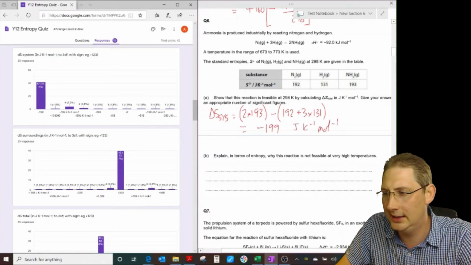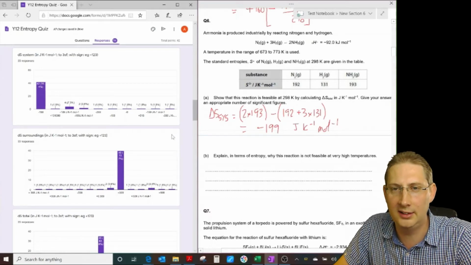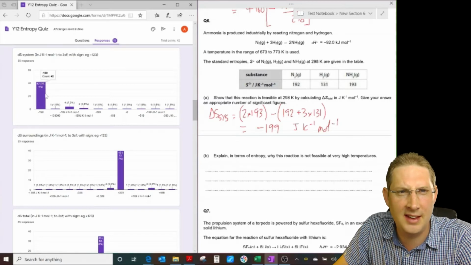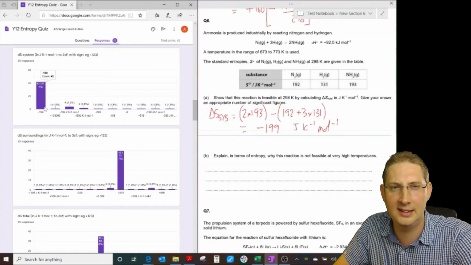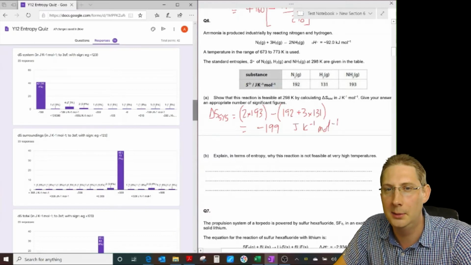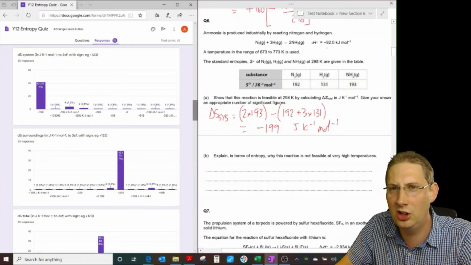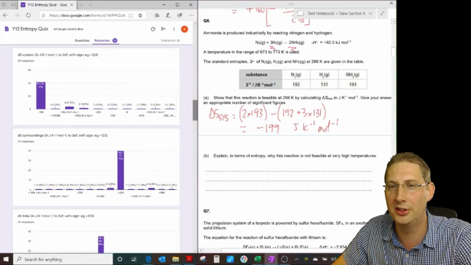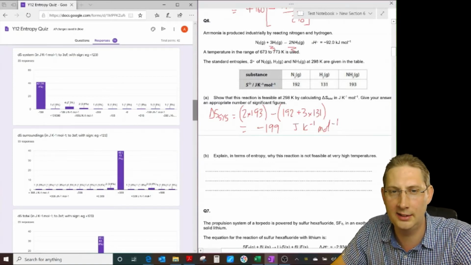Entropy is nice and easy because you don't have to worry about negative signs so much. You can see 76% of you getting that right. Quite a few people putting in units there. It's products. There's 2 of the ammonias and there's 3 hydrogens. Don't forget to multiply the entropies by that.